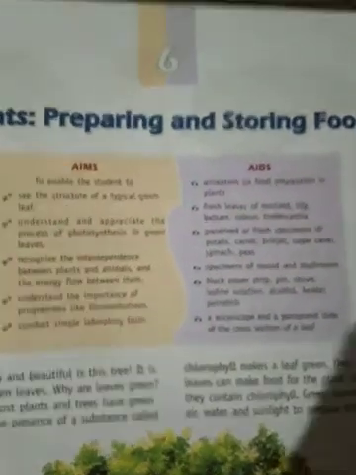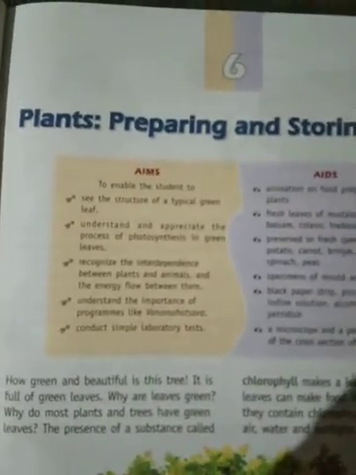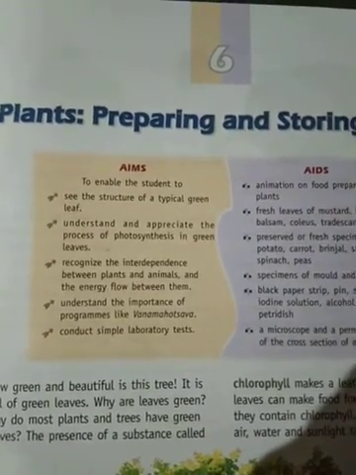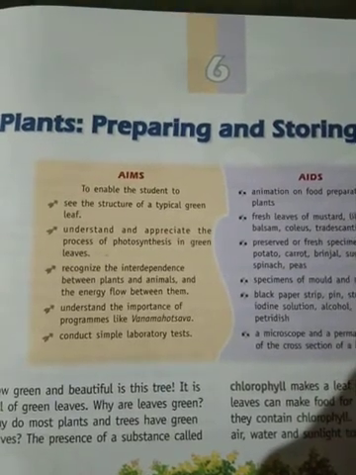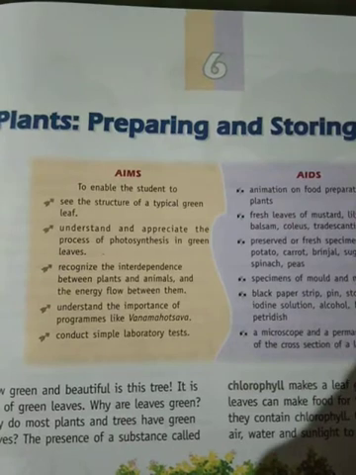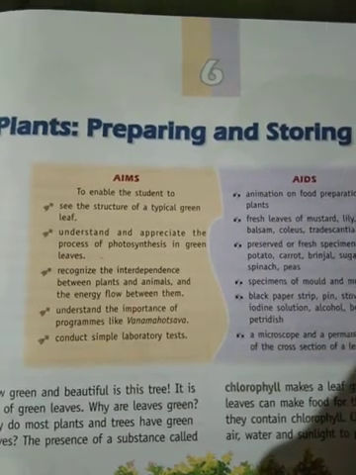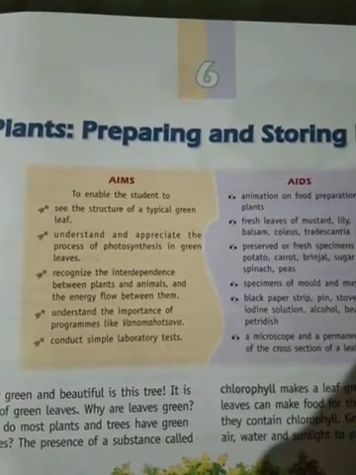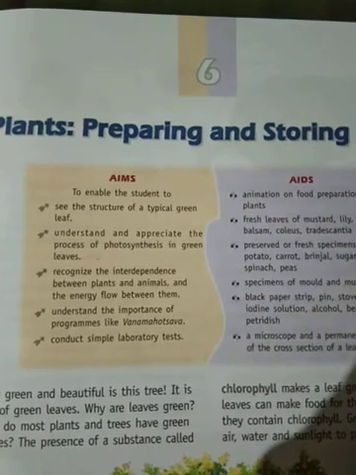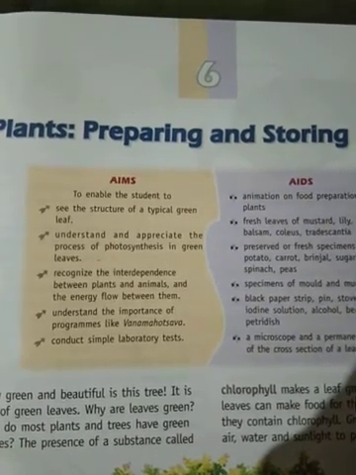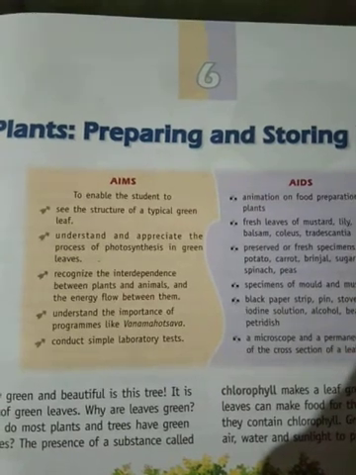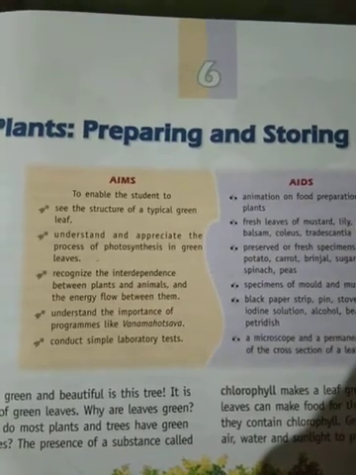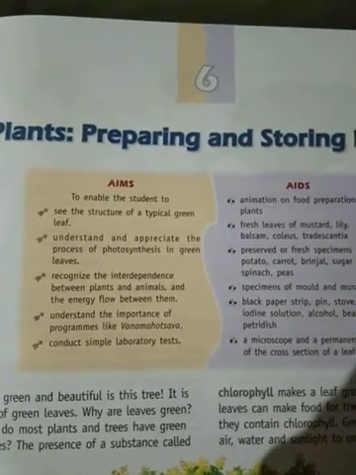So take a look at what our aim is throughout this chapter. Our aims: to enable the student to see the structure of a typical green leaf, then understand and appreciate the process of photosynthesis in green leaves, then recognize the interdependence between plants and animals and the energy flow between them, then understand the importance of programs like Van Mahotsav.